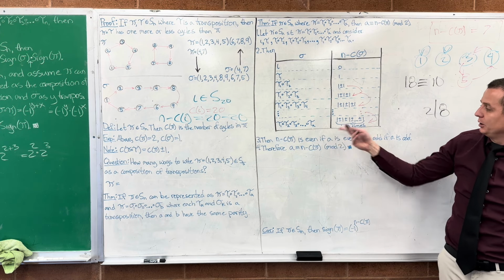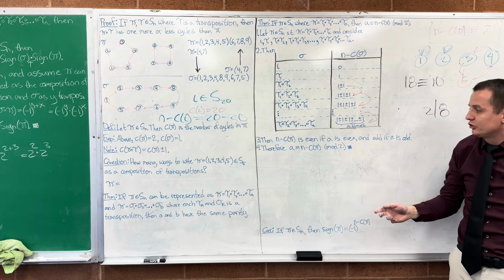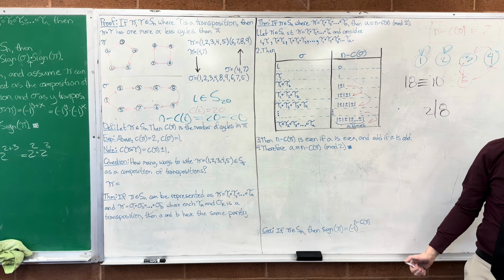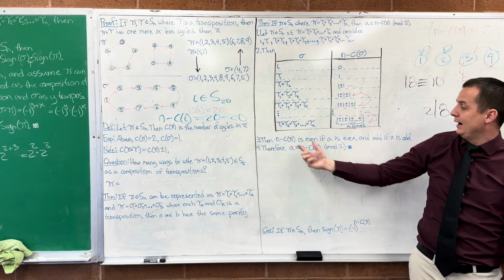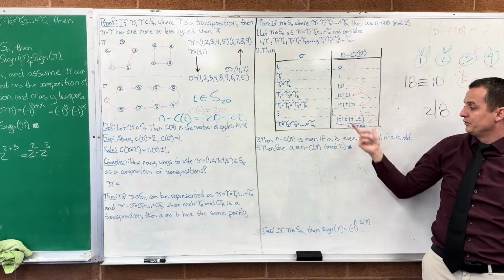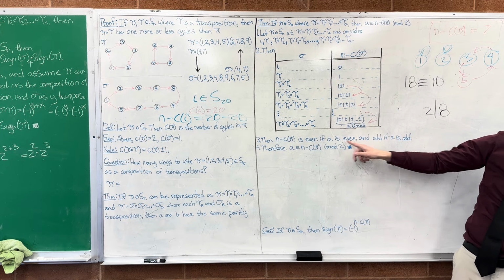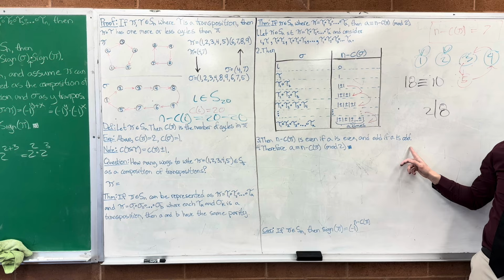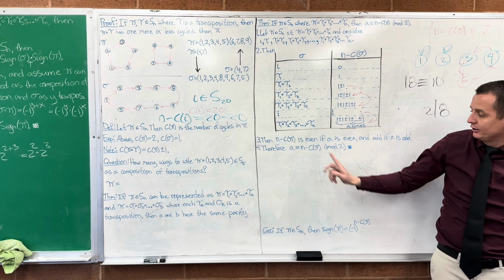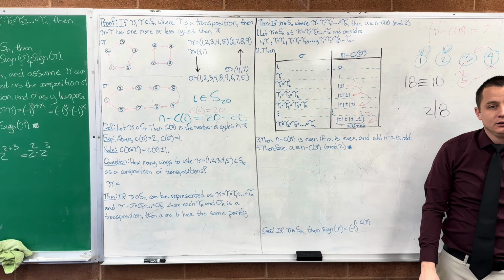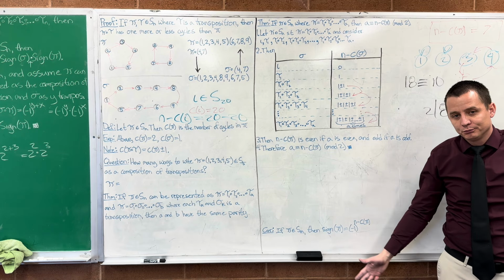And if A is an odd number, then plus or minusing 1 an odd number of times is going to be an odd number. So then, this column, n minus c of pi, this final row of this column, is going to be even if A is even, and odd if A is odd. Therefore, A is congruent to n minus the number of cycles mod 2. There it is. Proved it.